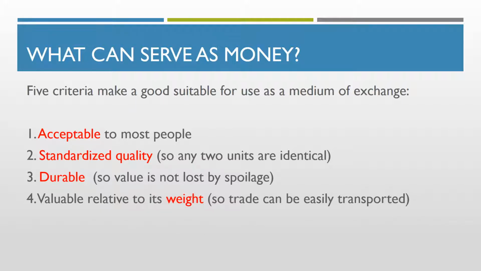And number 4, the money that we want to create in this economy should have a high value relative to its weight, so that it can be easily transported. Weight is very important, especially when you think about back in time where, with commodity money, people had to carry these deer skins, shells, or different commodities to the market to exchange for the goods that they want.